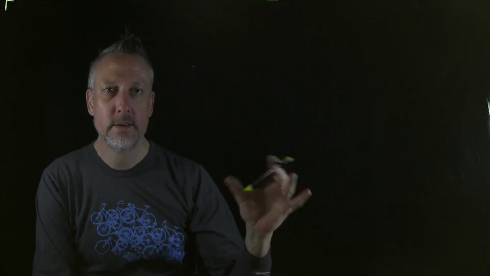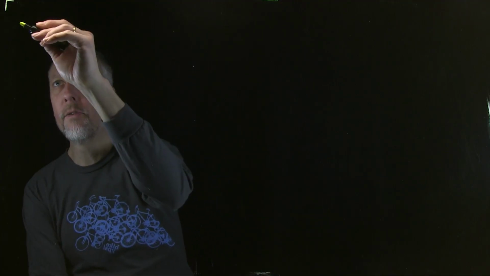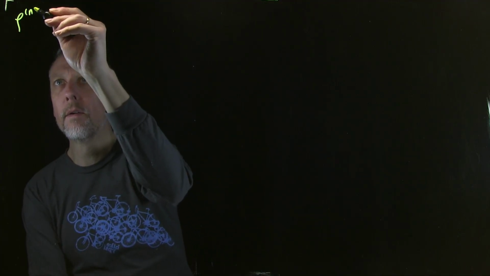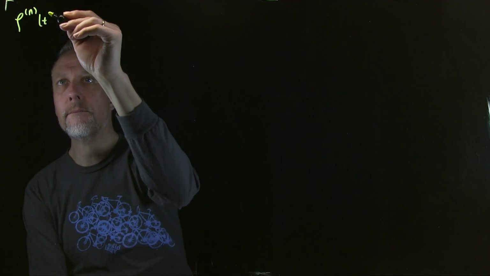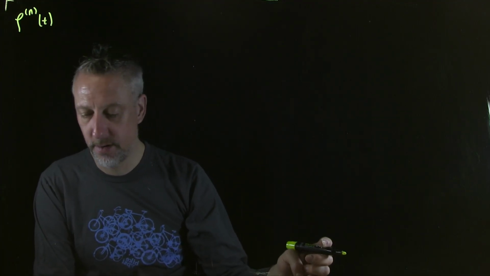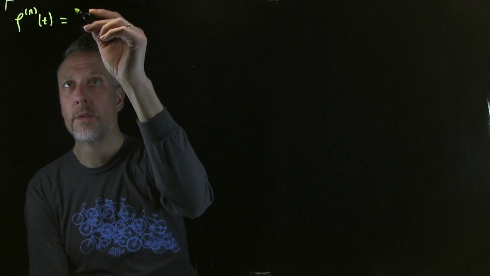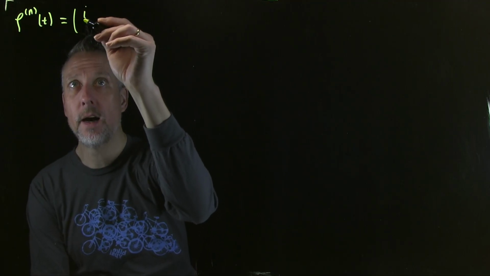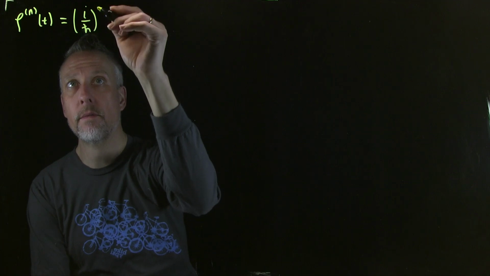So using the change of variables that we got last time, we can now write the nth order contribution to the density operator as plus i over h bar to the n.